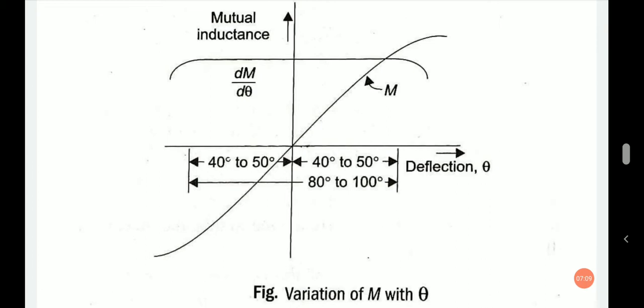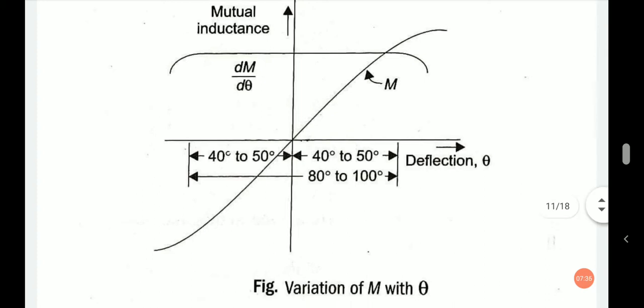So this is about the wattmeter connection, that means the configuration for the current coil as well as the pressure coil, and the scale, that is uniform for the linearity of M with theta.